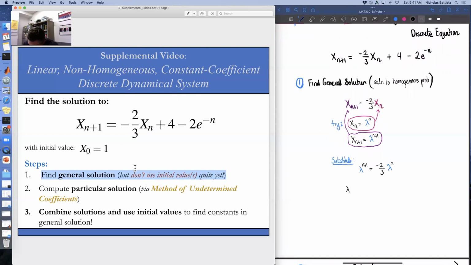So we can subtract the right-hand side. So we get lambda to the n plus first plus 2 over 3 times lambda to the n equals 0. We can factor out a common factor of lambda to the n from both of these terms, and finally get lambda to the n times the quantity lambda plus 2 over 3 equals 0.